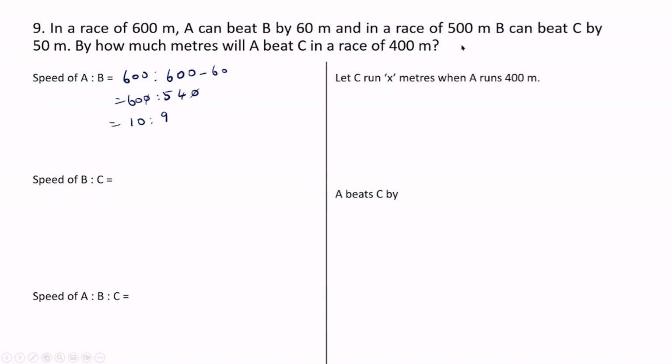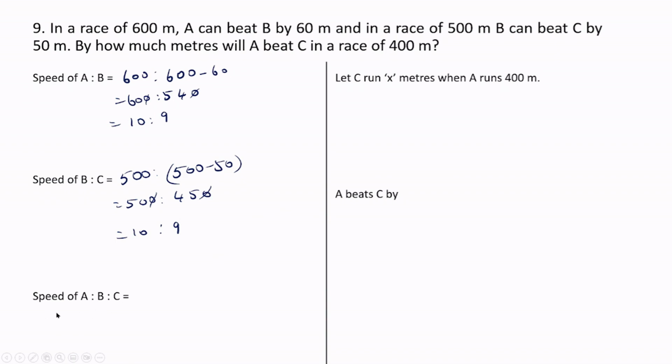So when B runs 500 meters, C runs 500 minus 50 meters. So this is 500 is to 450, or it is equal to 10 is to 9. Now we have to find the speed of A is to B is to C. Only then we can find the distance by which A beats C in a race of 400 meters.